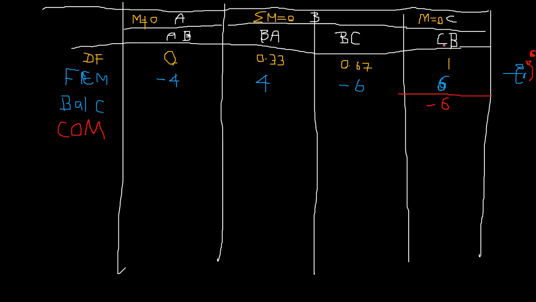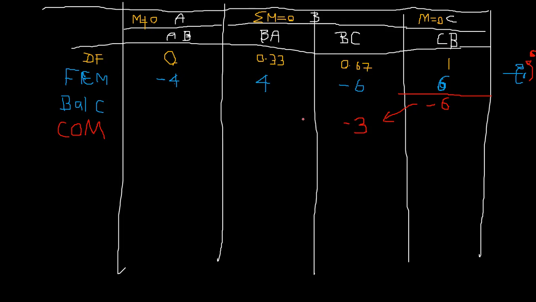CB's neighborhood is BC. It goes from discontinuous to continuous, so it should give half. If it's the other way around, continuous to discontinuous, nothing is shared. So here it's giving half. The carryover factor is always half.